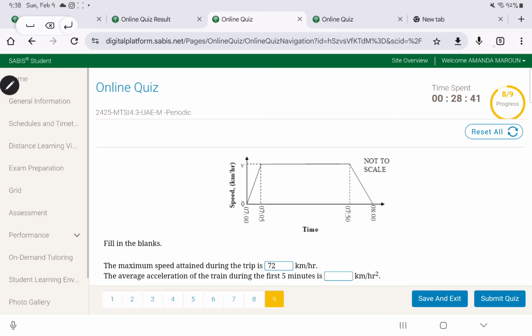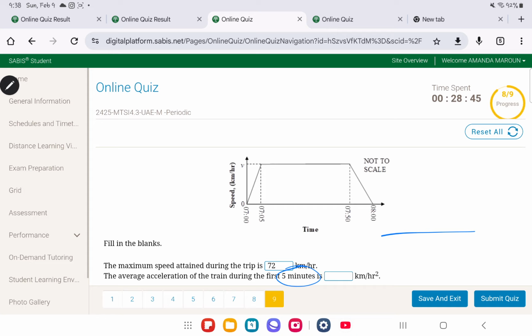Now they need the average acceleration. Very simply, to find the average acceleration during the first 5 minutes, you're going to take the velocity v, which is in this case 72, minus the initial velocity, which is 0, or you can do it the opposite way, final minus initial, whatever, over the time difference. The time difference is 5 minutes, but you need to change 5 minutes into hours.